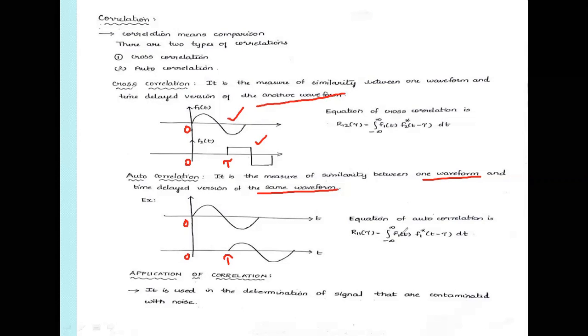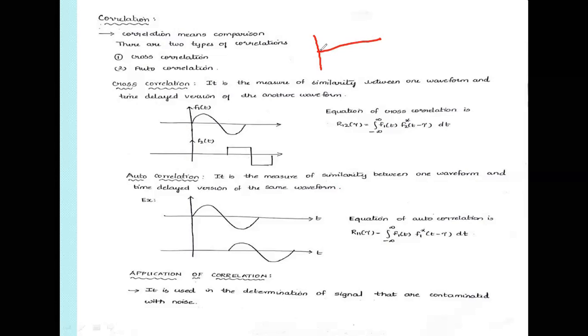So R11 of tau is equal to the integral from minus infinity to infinity of f1 of t, and here it is not f2, f1 only, but with the delayed version. Cross correlation means it is a measure of similarity between one waveform and a time delayed version of another waveform. So I use here one sinusoidal, another one a square, but the square is a delayed version.